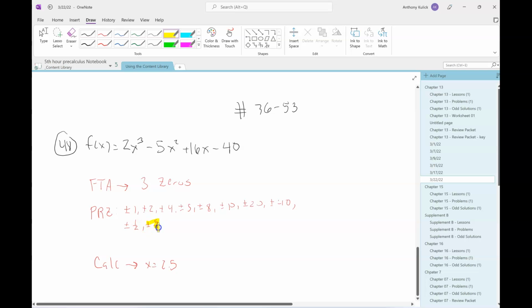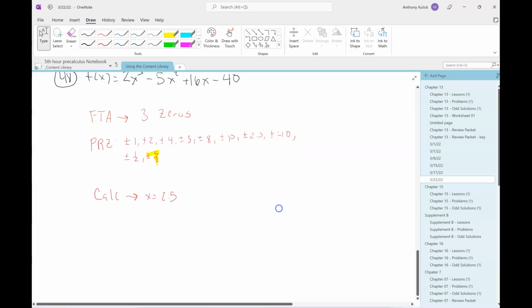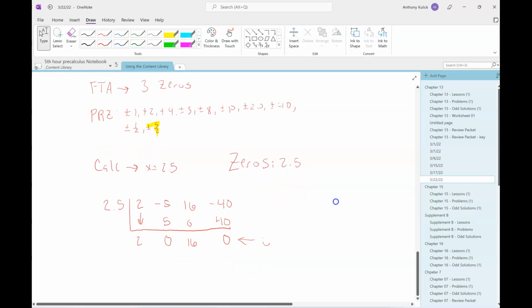And that's good because one of the possible rational zeros is 5 over 2. So let's do our synthetic division then. Which worked. So we know that one of our zeros is 2.5.